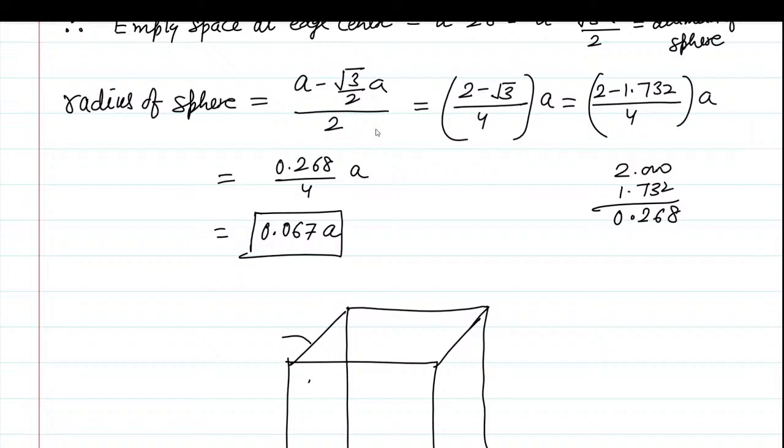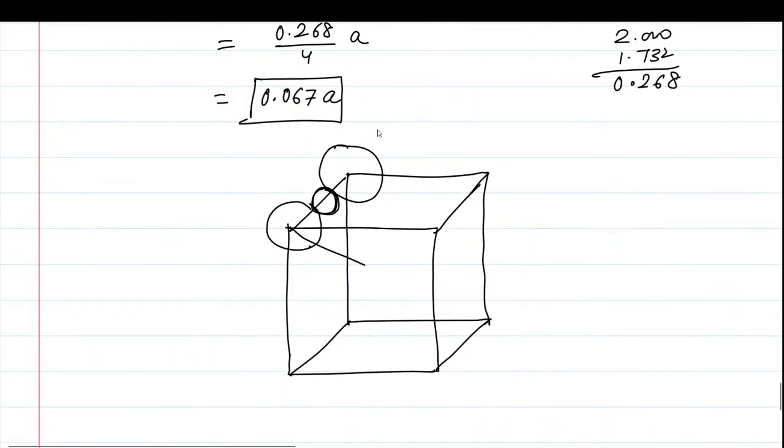So one sphere is here, the other sphere is here. Spheres are not touching along the edges, spheres are touching along the body diagonal, that you know.